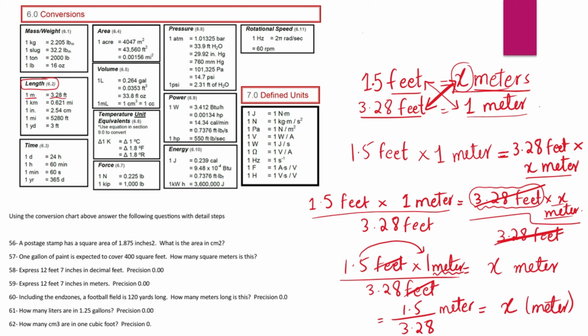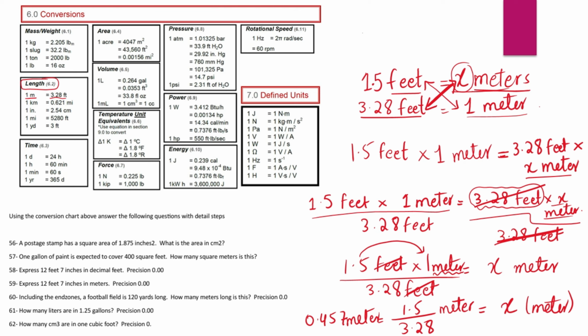So 1.5 divided by 3.28 is 0.457 meters. So in 1.5 feet, x is 0.457 meters.